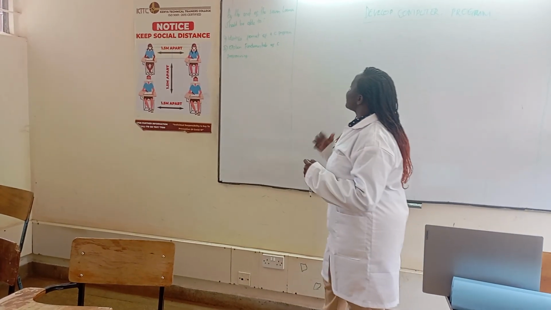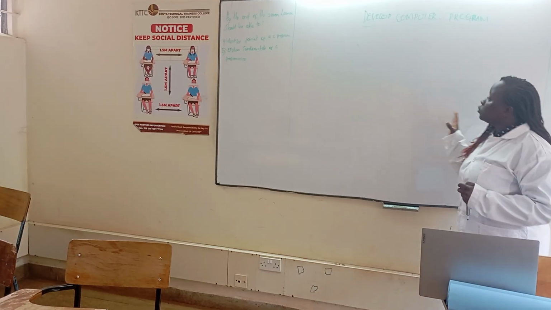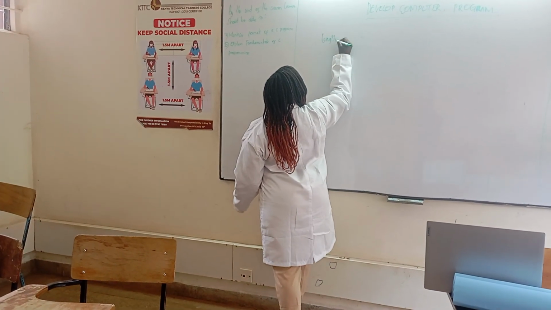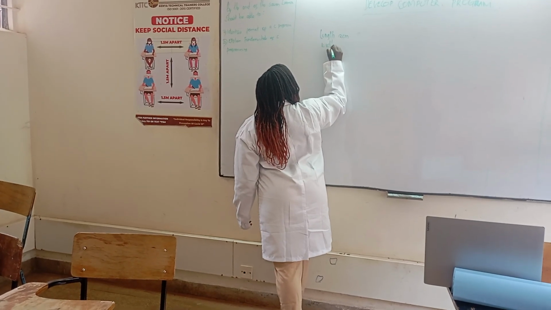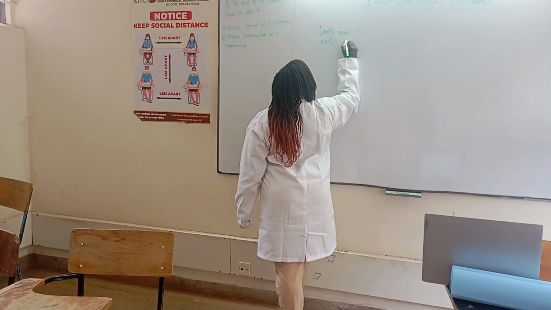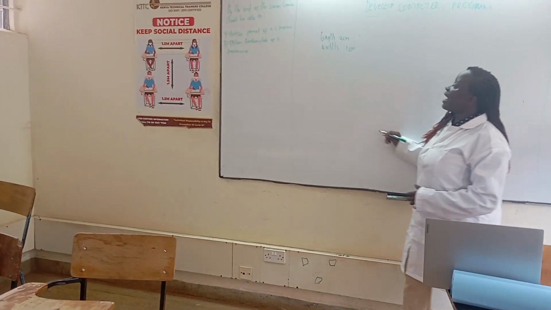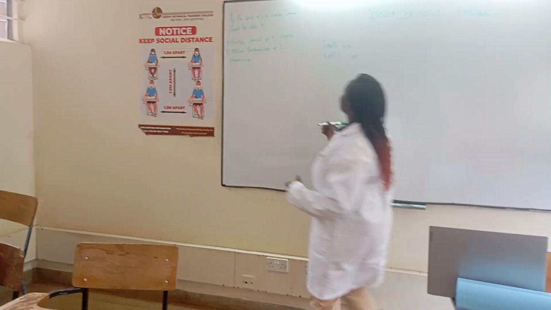For example, we say we have a length of 2 and a width of 1 centimeter. Now we want to allocate the memory of this in a program.